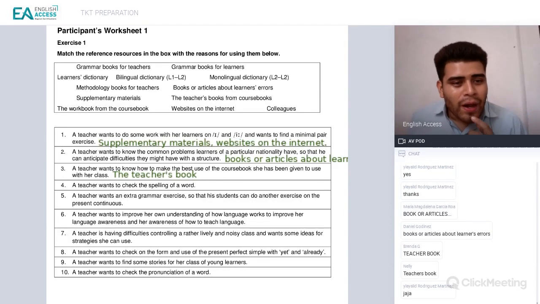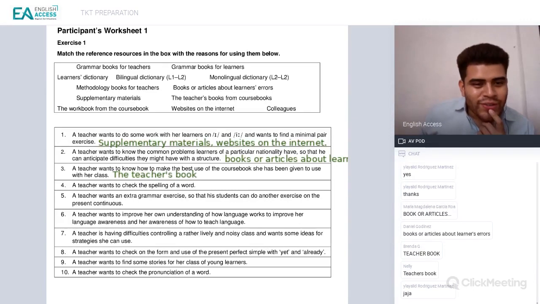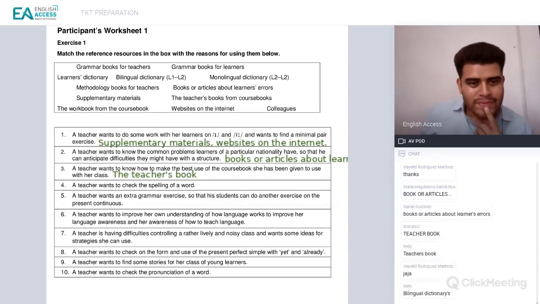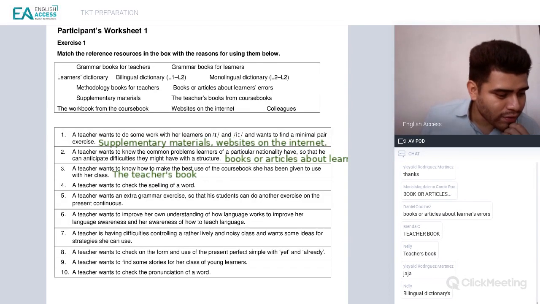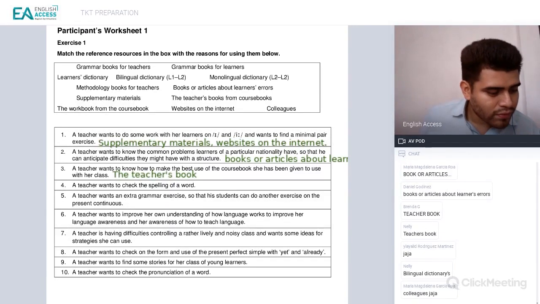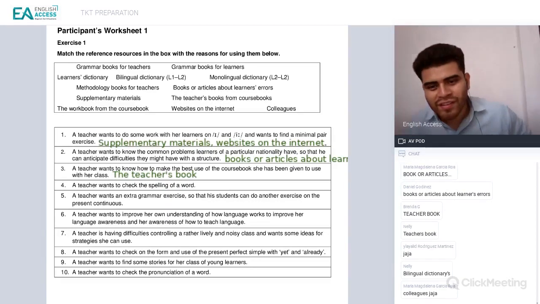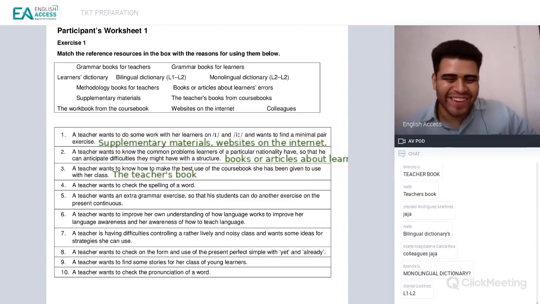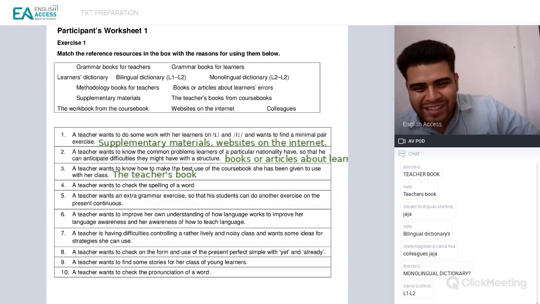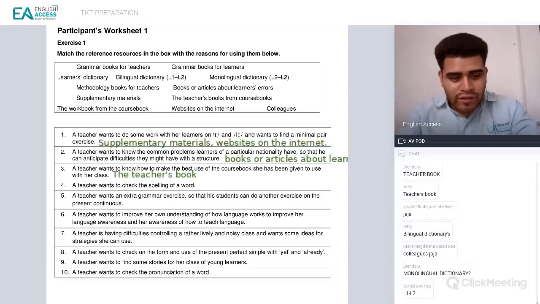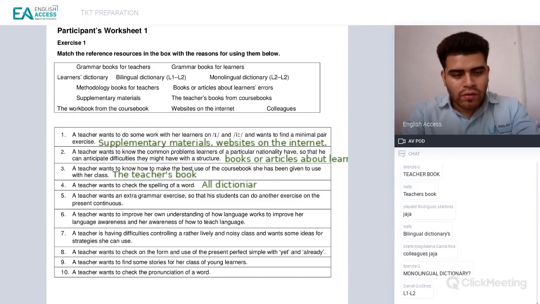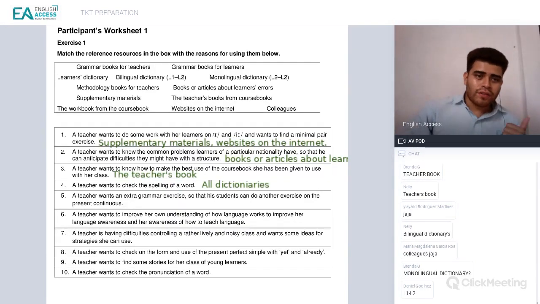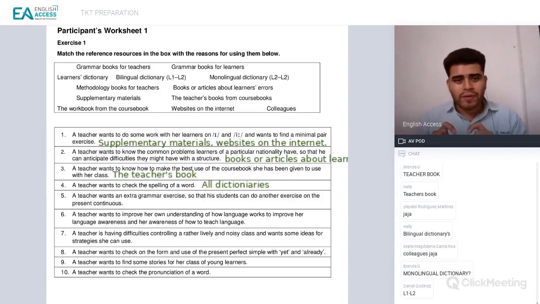Number 4, a teacher wants to check the spelling of a word. A teacher wants to check the spelling of a word. Colleagues. Definitely, if you have a native speaker, you can ask that person. Okay, so all dictionaries. All dictionaries, the learner's dictionary, bilingual dictionary, and monolingual dictionary, they should all have a phonemic script on them.